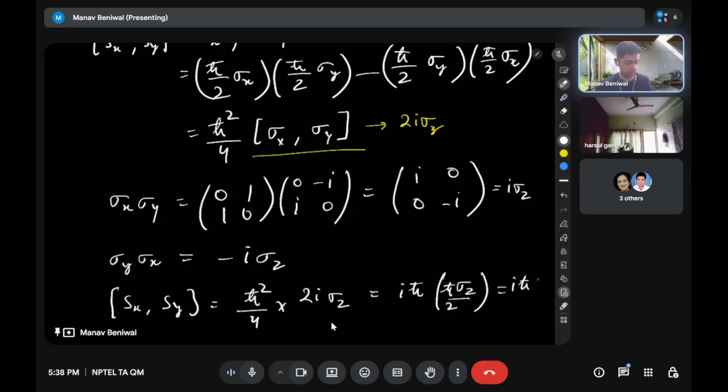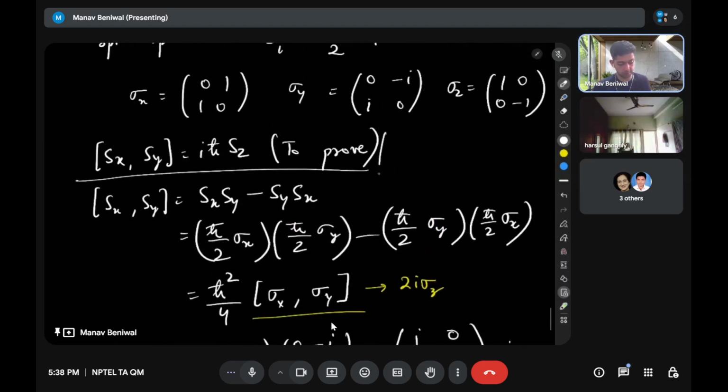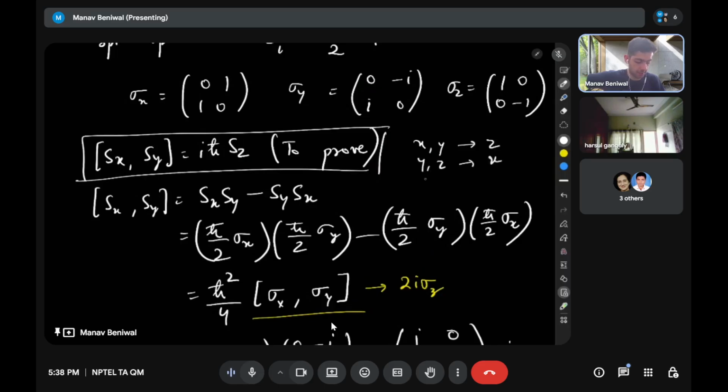So iota h cut Sz. Essentially we have proved this relationship. Now you can do the same thing for Sy Sz and you will get Sx, and for Sz Sx, you will get Sy. So there is this cyclic relationship: if you have x and y, you get z; if you have y and z, you get x; and if you have z and x, you get y. If the order is flipped, you will get an additional minus sign.